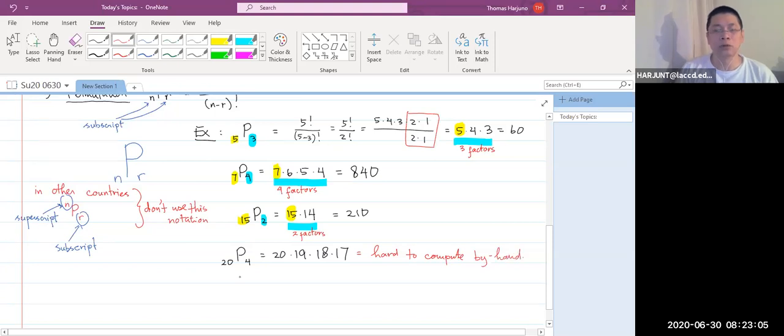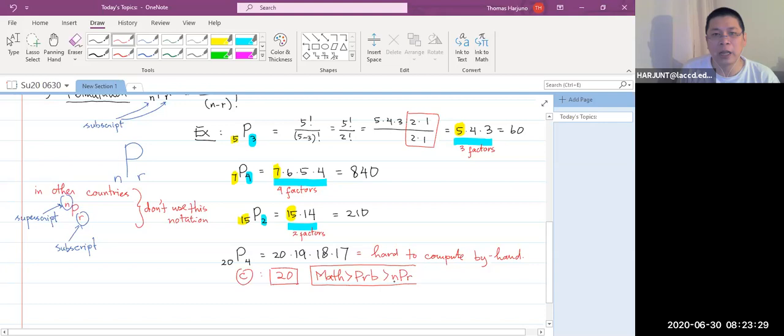So how to use the calculator? We'll punch 20 first, and then go to the same section, math, PRB, NPR. Now our calculator cannot type subscript.